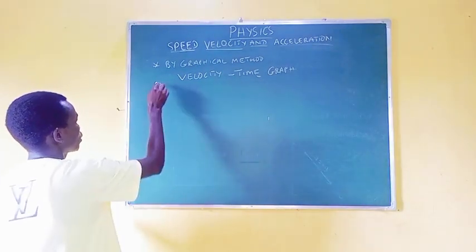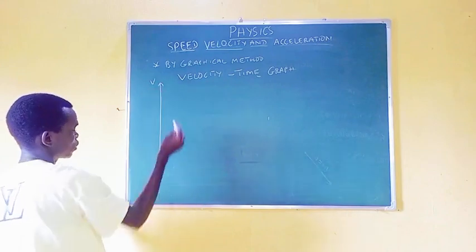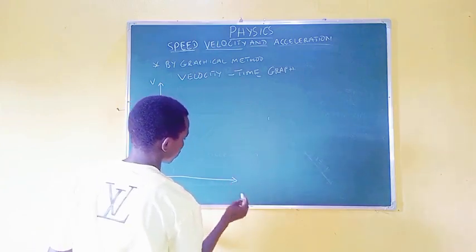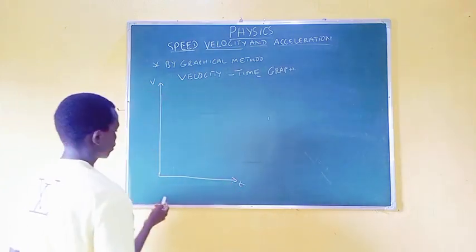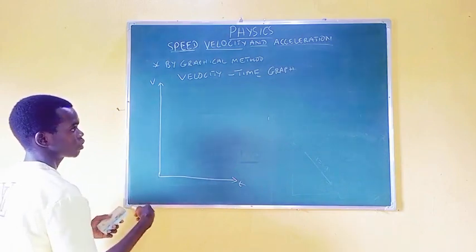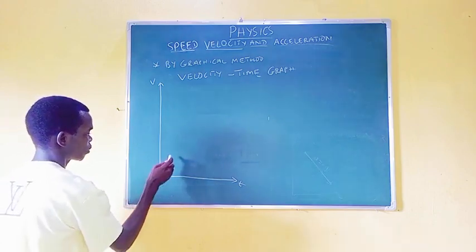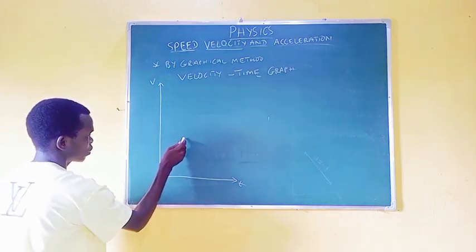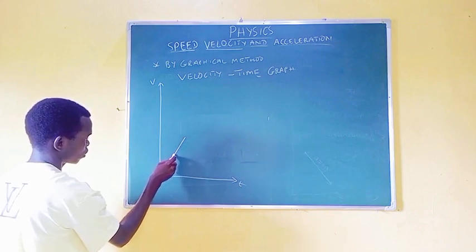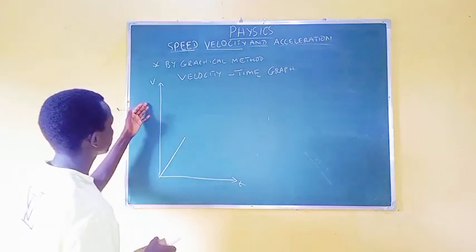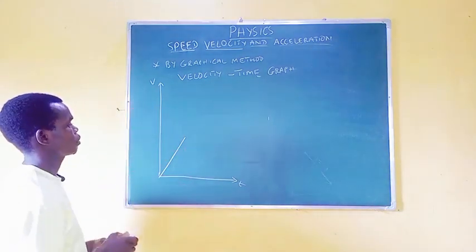Here is the vertical axis, which is velocity, and the horizontal axis, which is time. And we said that increase in velocity or uniform acceleration is represented with a slanted line that is equal in velocity and equal in time.